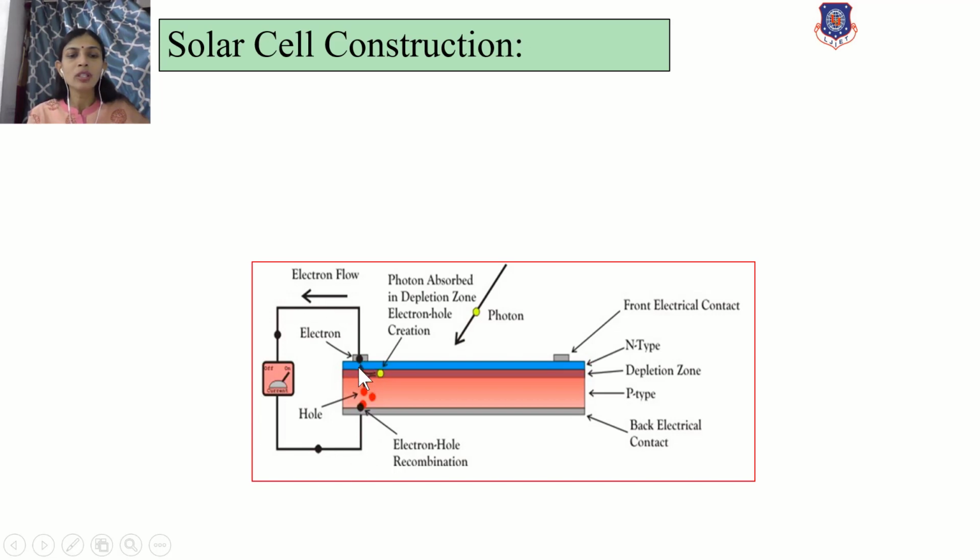Black is electron and red is denoted by hole. So electron is indicated by a black circle and hole is indicated by a red circle. The photon will be absorbed in the depletion zone, creating an electron-hole pair.